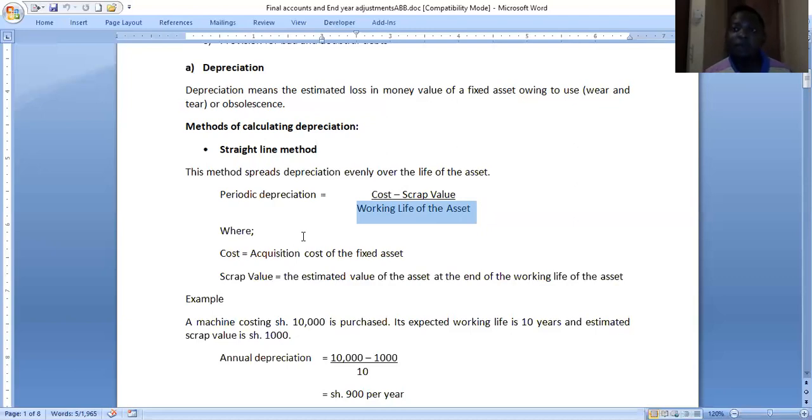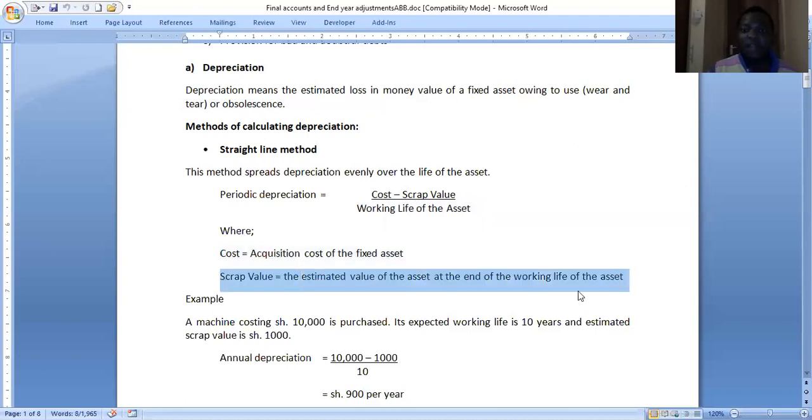With that, we will be able to get the constant amount of depreciation per year. That is the periodic depreciation. Where cost is the acquisition cost of the fixed asset, as I had said, and the scrap value is the estimated value of the asset at the end of its working life. So at the end of its working life, when we finish using it, what will be the value of that asset?